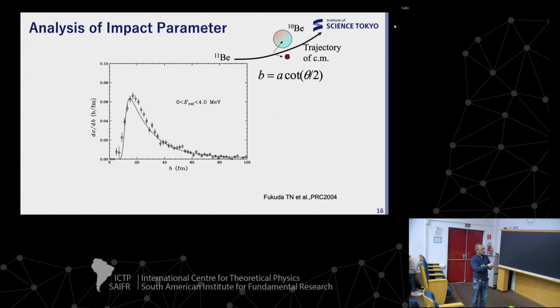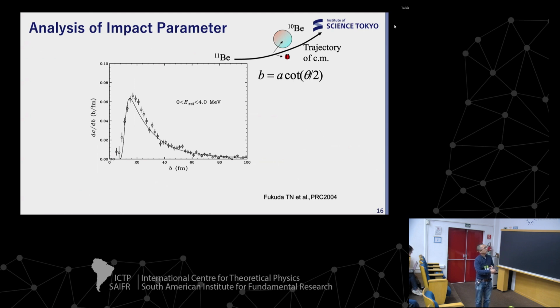If the impact parameter is very small, it collides directly with the target, so it is absorbed and the barium-11 is gone. That's why we lose it. So if we select these regions, we can safely say that this breakup process is mainly Coulomb breakup, not nuclear breakup.